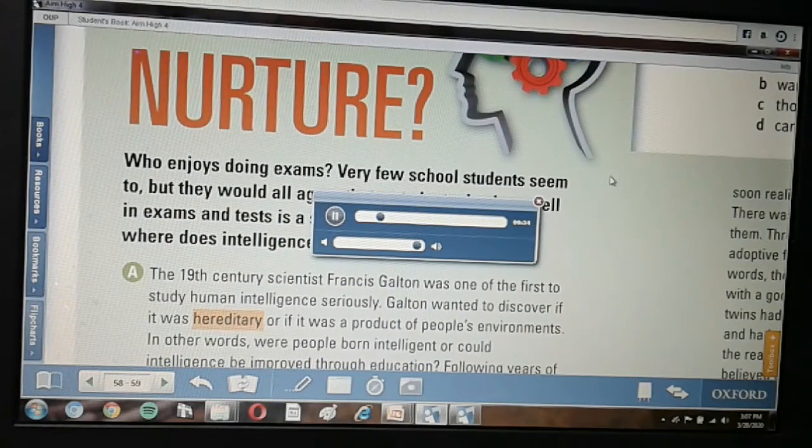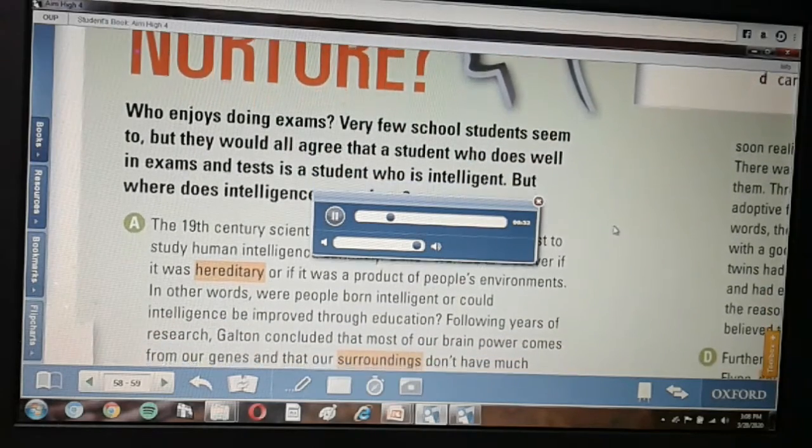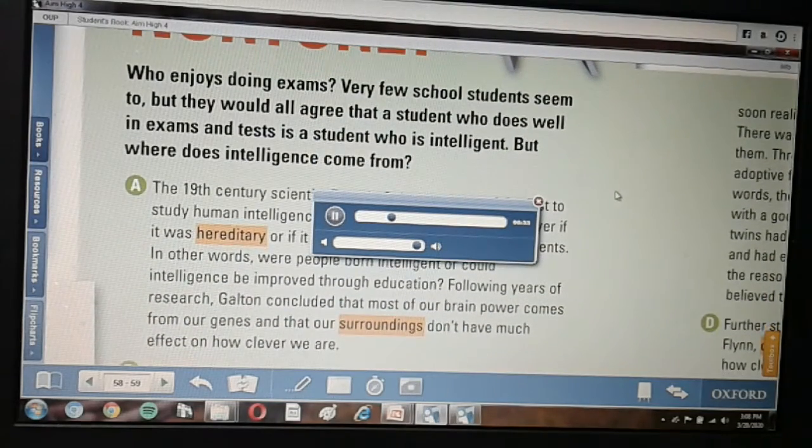The 19th century scientist Francis Galton was one of the first to study human intelligence seriously. Galton wanted to discover if it was hereditary or if it was a product of people's environments. In other words, were people born intelligent, or could intelligence be improved through education? Following years of research, Galton concluded that most of our brain power comes from our genes, and that our surroundings don't have much effect on how clever we are.